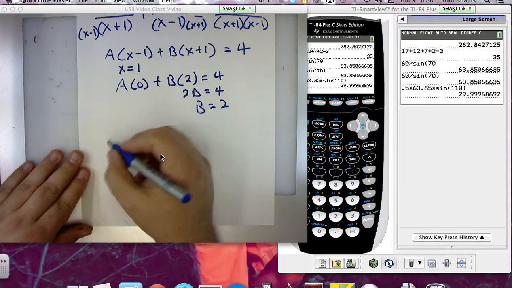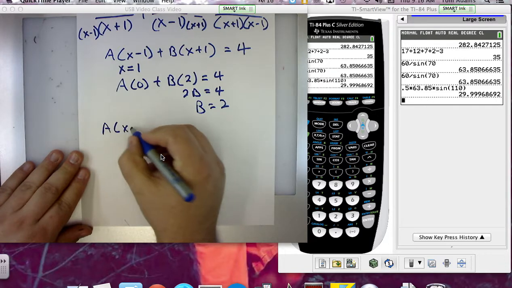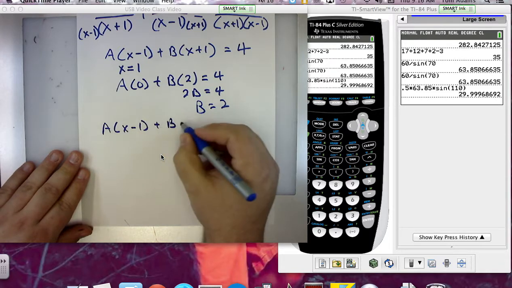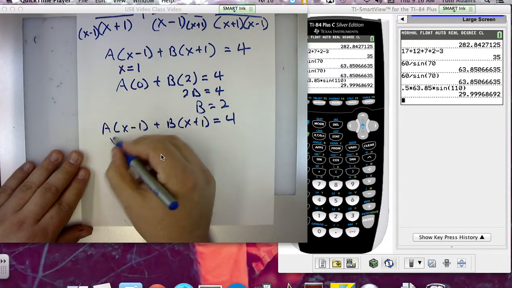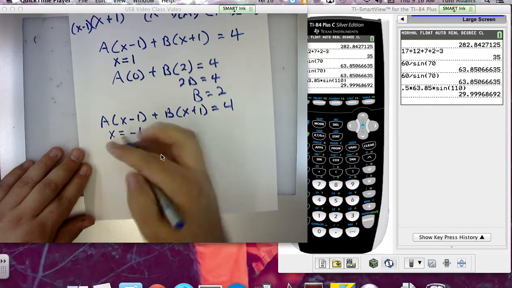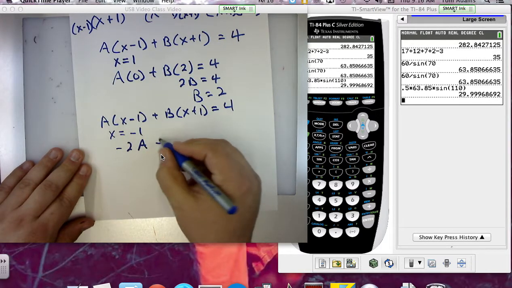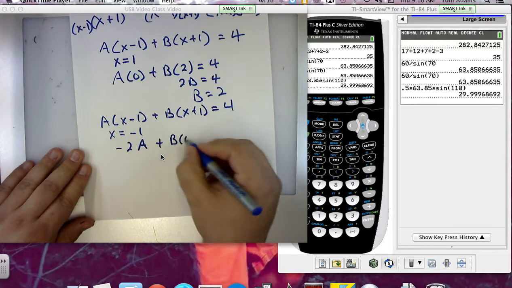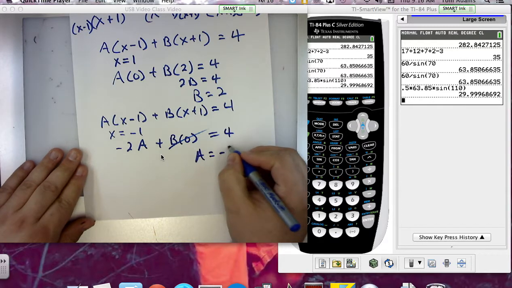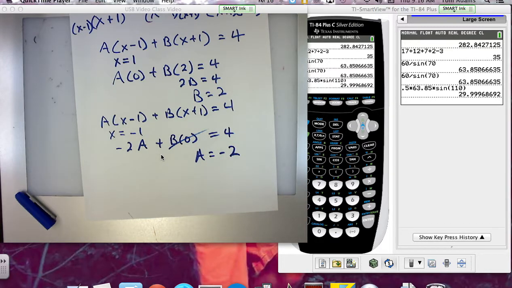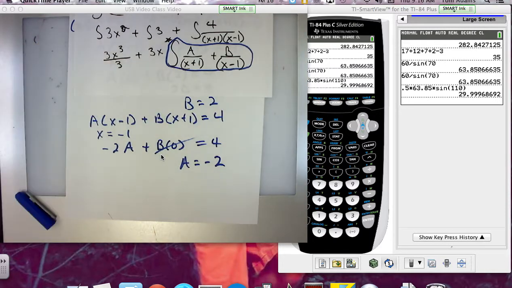Now I've got to solve for A. So if I start over and I say A times x minus 1 plus B times x plus 1 is equal to 4, and I'm going to let x equal negative 1, then I get negative 2A plus B times 0, which goes away, is equal to 4, so A equals negative 2. So this next line here, I'm going to plug in B equals 2 and A equals negative 2.